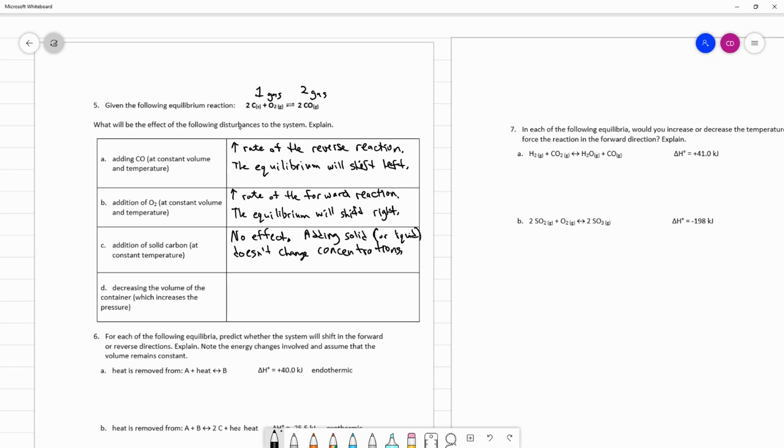So that will cause the equilibrium to shift left to reduce the pressure. Less gas on the reactants side. So the reaction will shift towards making less gas, which has the effect of reducing the pressure.